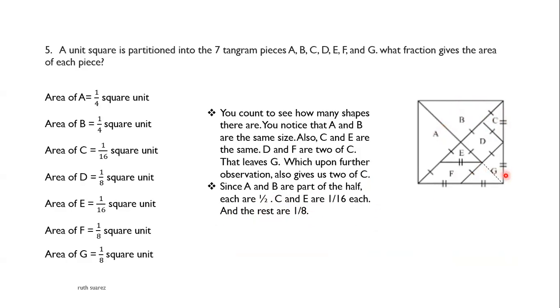And how do we know that? Well, as you can see, D right here is twice C, which is 1/8. C is 1/16, and twice 16 is going to give you 8.